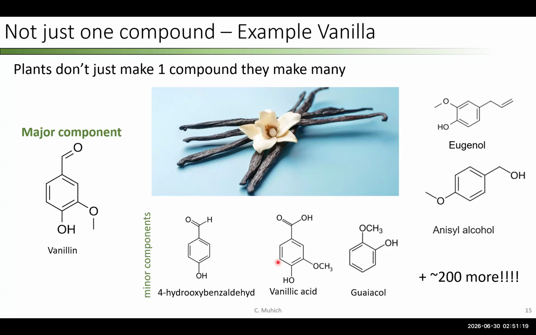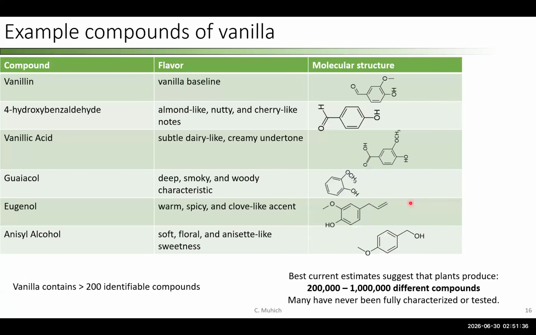And so what you can see by looking at these chemical compounds and their chemical structure, and we'll talk more about this later, is they tend to have similar features as we go across here. So the plant is making the major compound, and then these other compounds are sort of along for the ride. These compounds have a variety of different flavors and experiences.